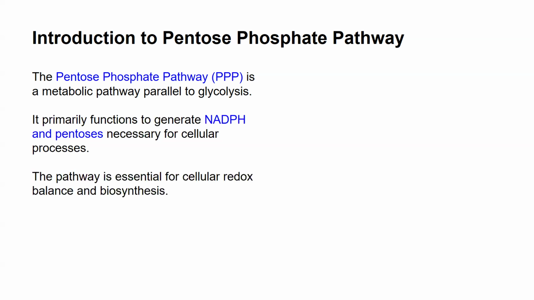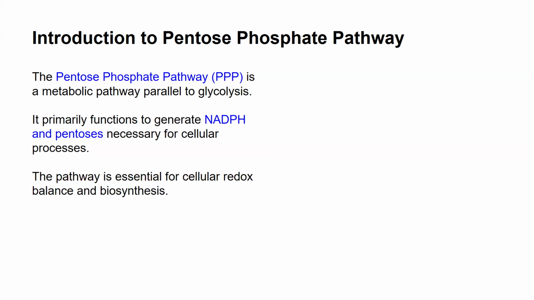So the pathway is essential for cellular redox balance and biosynthesis. The NADPH and the pentoses are very important for redox balance because, in most cases, provided that we take air, that we respire, a lot of oxidants are generated.